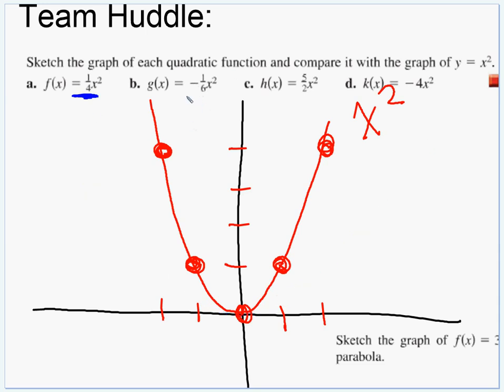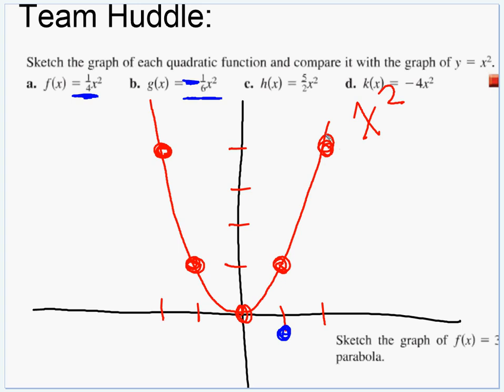Now in here, we could do the reflection first. That negative is going to flip us over the x-axis, so it's going to open down. And then we're also going to reduce our y values by 1/6. So this point here would get reflected over. It's now at negative 1, but it's going to be cut down to 1/6 of its value. So it's going to be here at over 1, down negative 1/6.